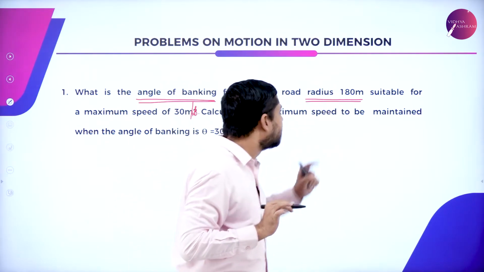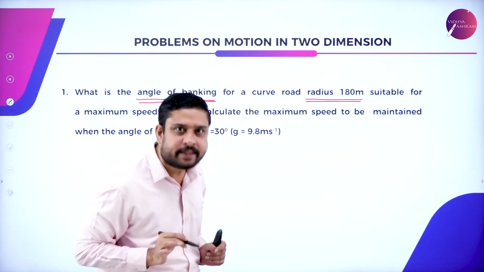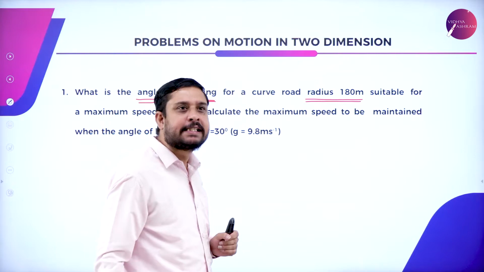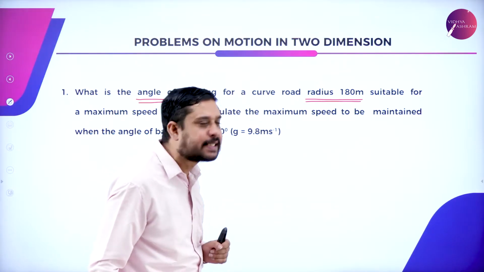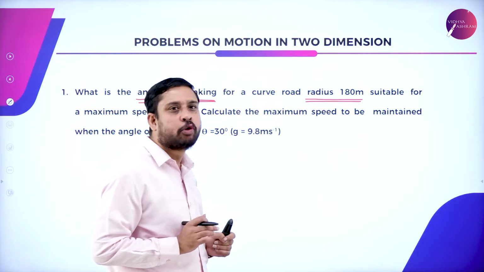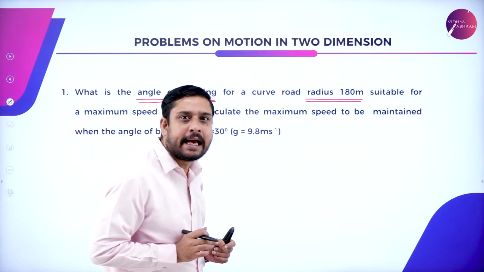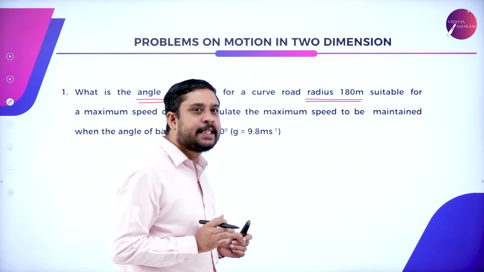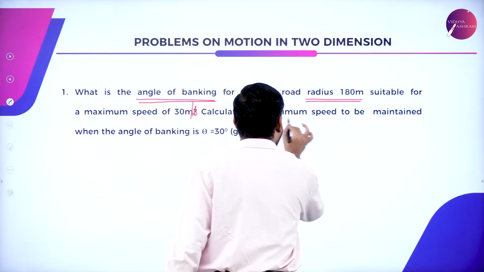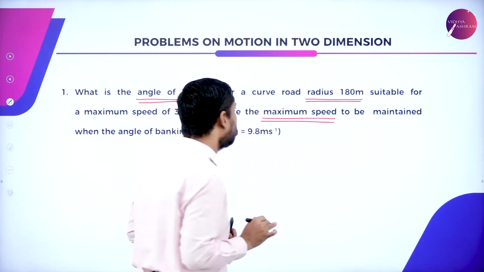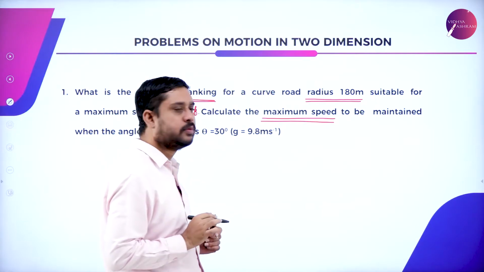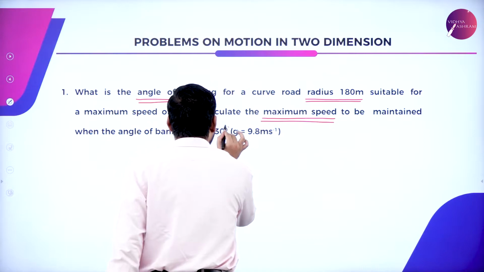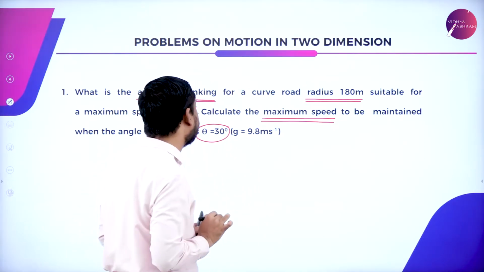If the radius is 180 meter and the optimum speed is 30 meter per second, I have to calculate the angle of banking. Then calculate the maximum speed to be maintained when the angle of banking is 30 degrees.